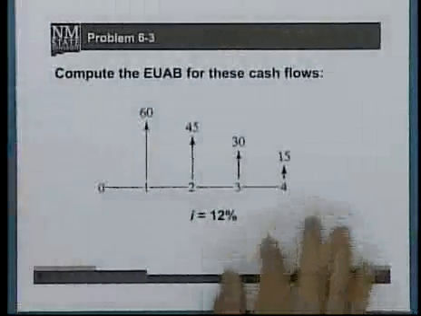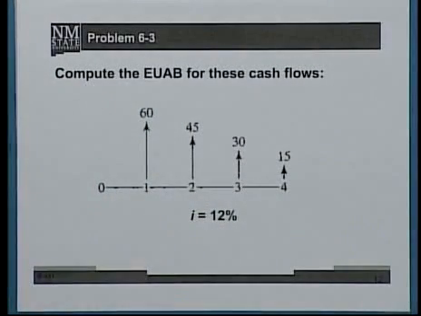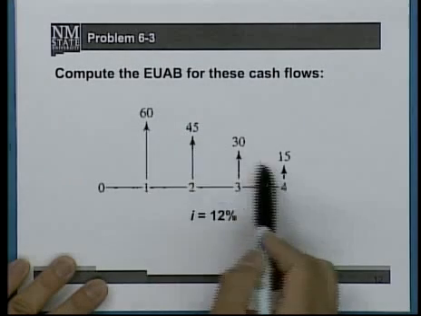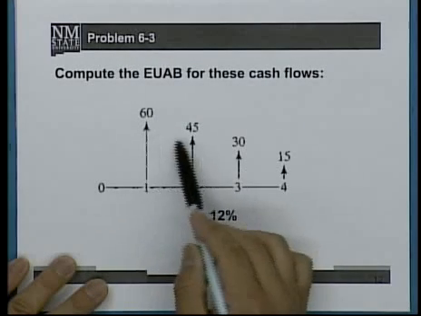Okay, next let's solve problem 6-3. Compute the equivalent uniform annual benefit for these cash flows. So here, the period by period change amount is negative 15.